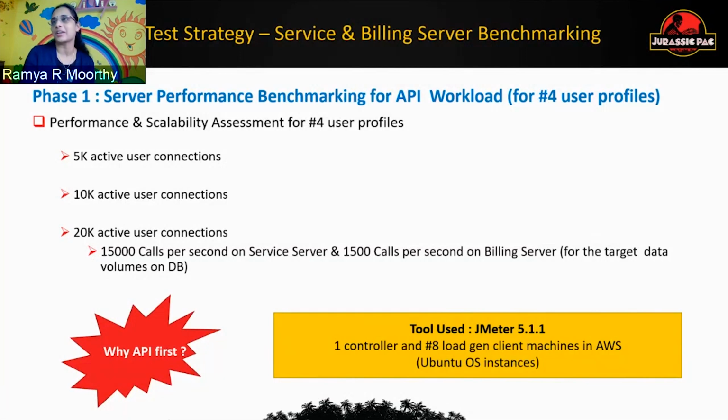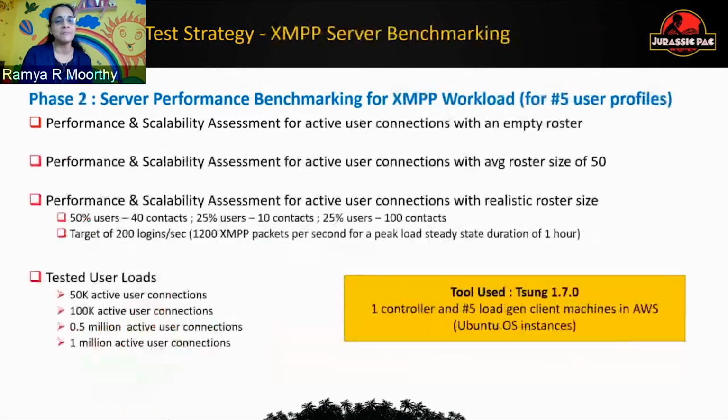But why API? There is no technical reason why API was first as phase one. It was for a simple reason. When we got this project, we had no idea about XMPP performance testing other than JMeter. We all had experience working on XMPP only with JMeter, with no other tools. So we thought we'd give ourselves time to speed up.